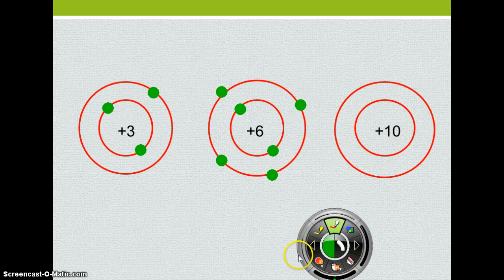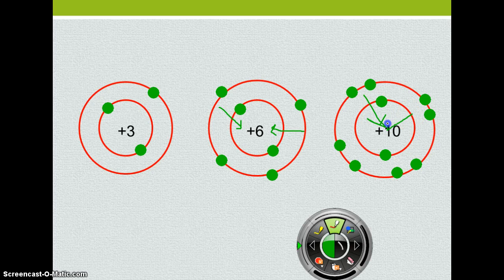It's going to start to pull in towards the nucleus. And when we get to neon, we have 2 on our first principal energy level and 8 on our outermost. So now we have a lot of electrons being attracted to this increasingly charged nucleus. That's really going to pull them in, and it's going to make neon slightly smaller than lithium.